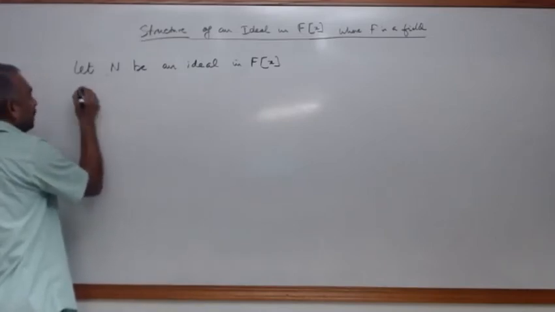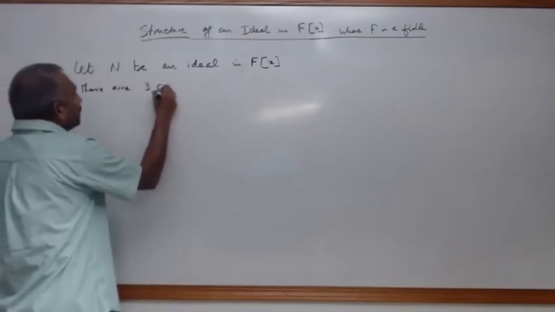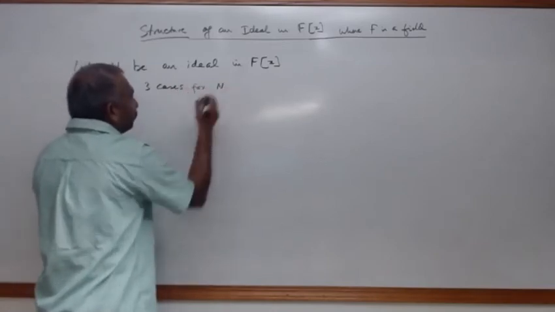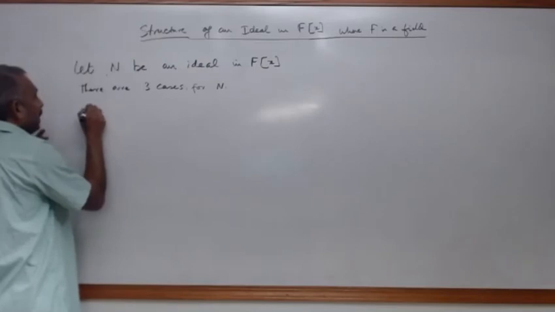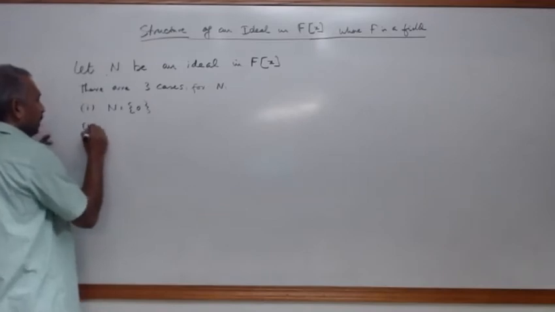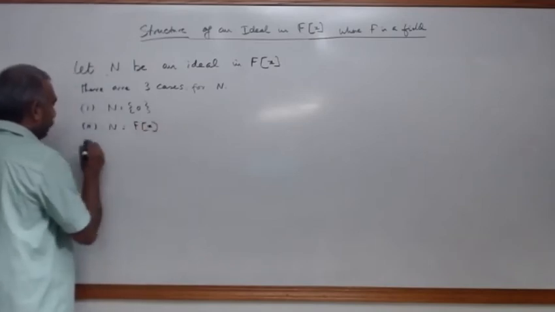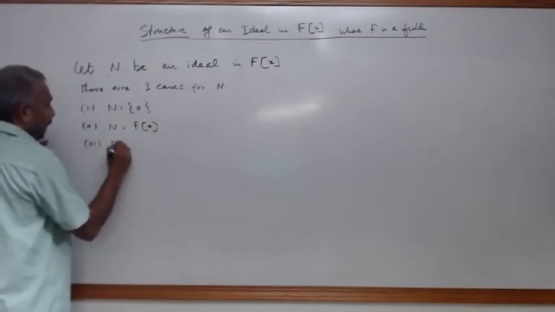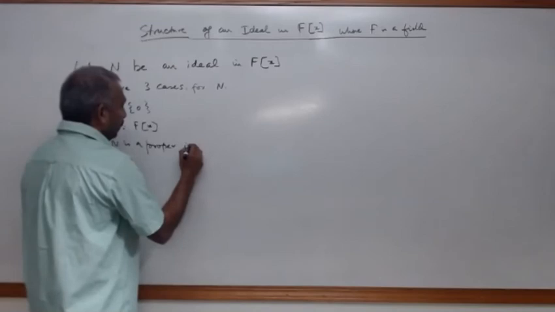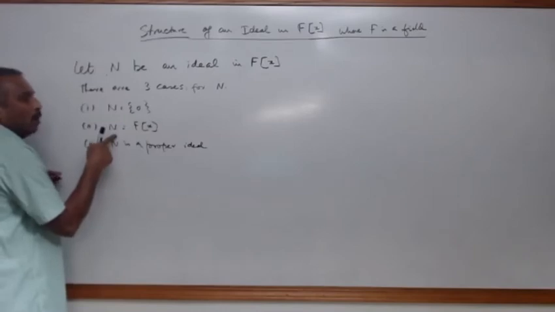So there are three cases here for N. One is N equal to 0. The next one is N equal to F of x, the whole of F of x. And the third one is N is a proper ideal. That means this is neither a zero ideal nor the whole of F of x.